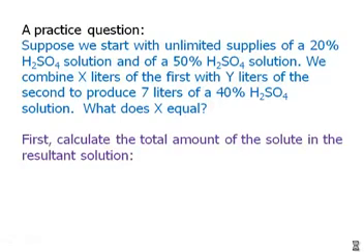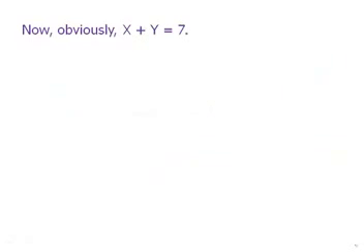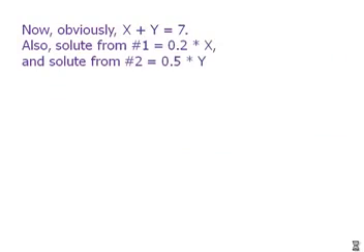That's one equation. So what we're going to do is focus on the solute. The X plus Y equals 7, that's the total equation. The solute, well, the resultant solution is 40% of 7 liters, so that's 2.8 liters of solute. All right, so our total equation is X plus Y equals 7.